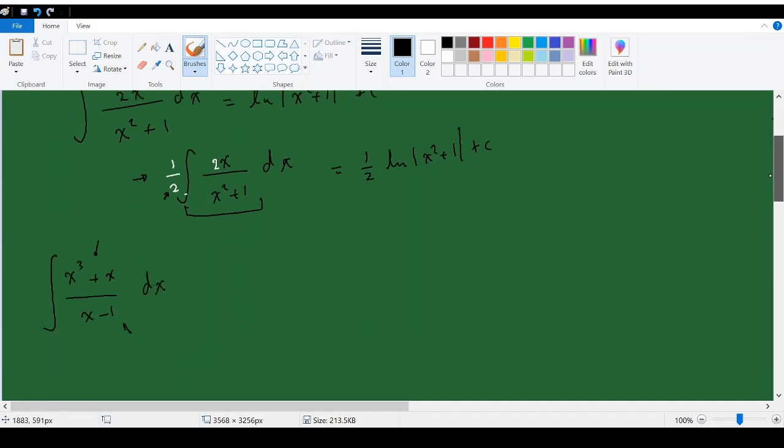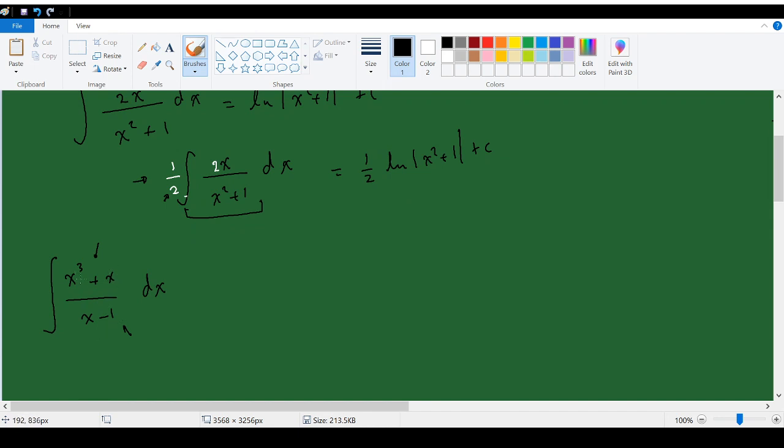But now for questions like this, you don't have that relationship at once. Okay, no matter what number you multiply the numerator by, you will not get the derivative of the denominator. So here as the first step we should go for partial fractions.